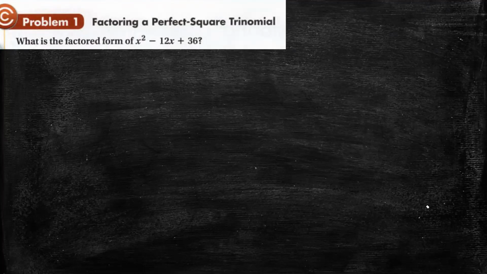This variable must be a perfect square. What does it mean? It must have 2 as an exponent. If it's x squared, so yes, I can work now. If it is x cubed or x, I cannot.